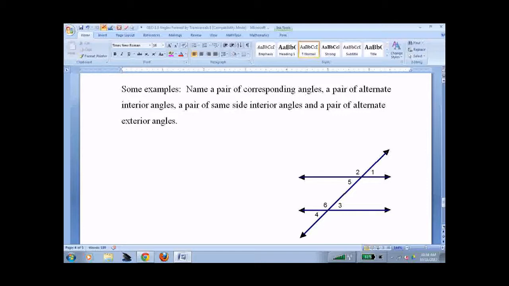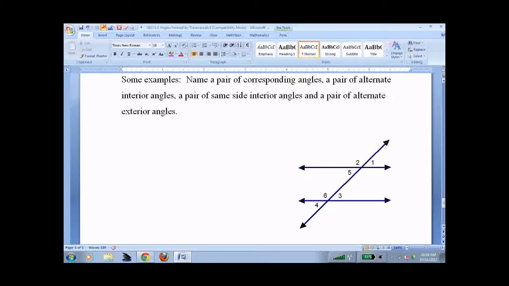So, here's practice. Pause the recording and see if you can keep it straight. Name a pair of corresponding angles, a pair of alternate interior angles, a pair of same-side interior angles, and a pair of alternate exterior angles. I'm going to be lazy here.